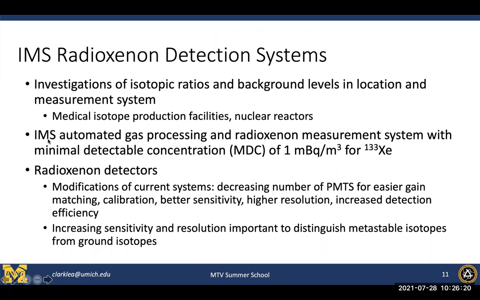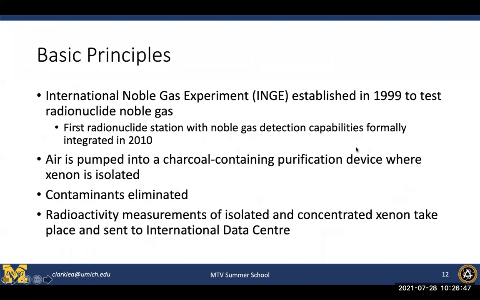And so the way that the IMS works is it has this automated gas processing and radioxenon measuring system, where the gas is collected continuously, filtered through the gas processing, and checked to see if there's a minimal detectable concentration, or MDC, of 1 microbecquerel per m3 of 133 xenon.